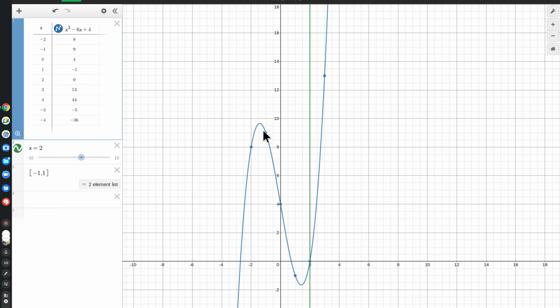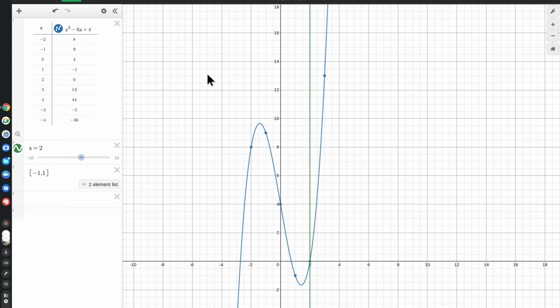If we look here, -1, 9, and as we travel along the graph, we notice we cross 0. This graph, it's 0.732, and then we get to 1, -1. Because the function is continuous, it can never just skip 0. So as long as it goes from one part to another, it has to cross all the points in between.